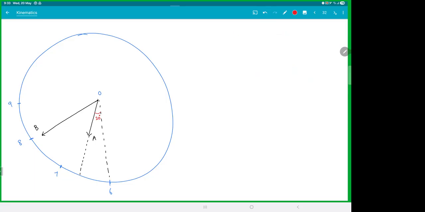So if you look at A's motion, this is how it looks. A must have completed one circle, right? This was 12 a.m. to 12 p.m. So you have completed one circle.